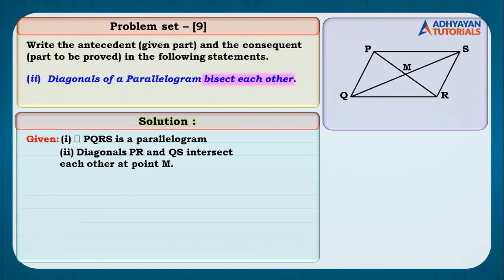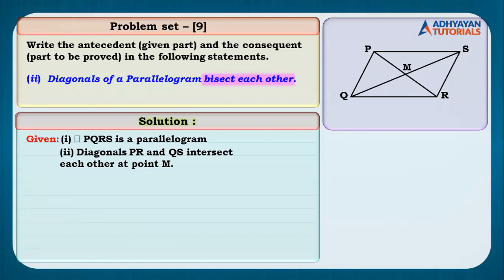Now look at diagonal PR in the figure, children. I hope everybody is looking at diagonal PR in the figure. If I say the value of PR is 10, then tell me what would be the value of PM. The value of PM has to be perfect 5 because it is dividing into equal parts. Okay, what will be the value of MR? 5.